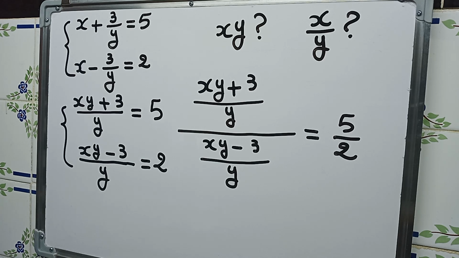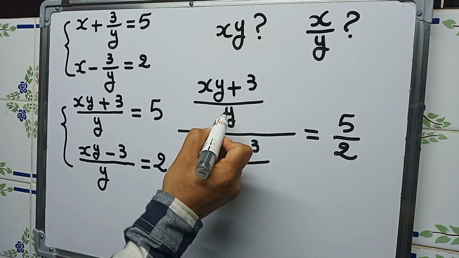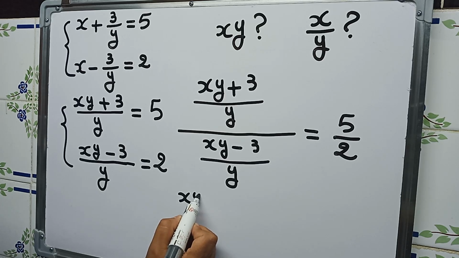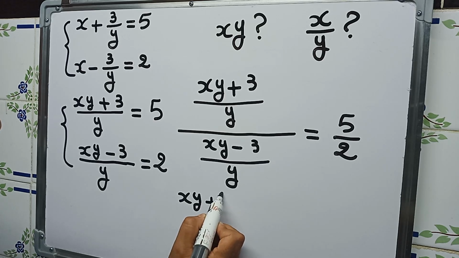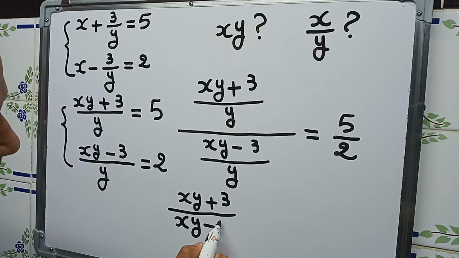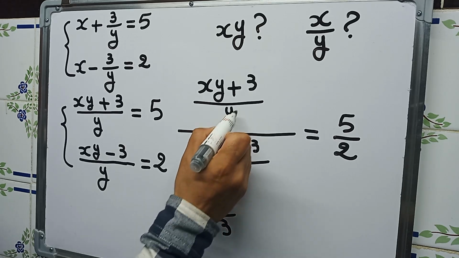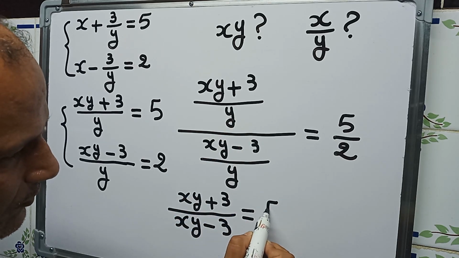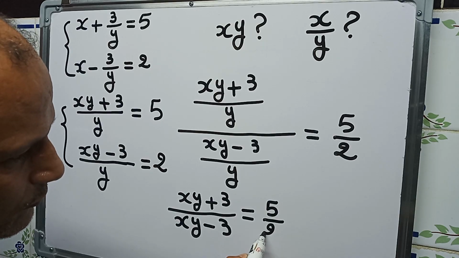And here you see we can cancel y, so we will have xy plus 3 over xy minus 3, of course cancelling y, is equal to 5 over 2.